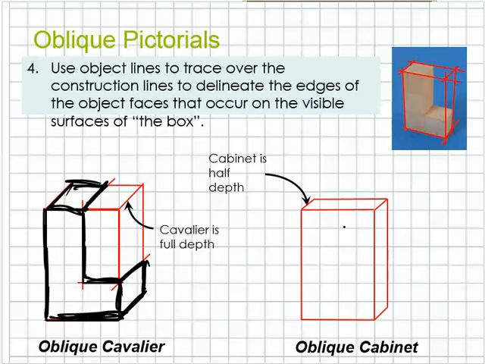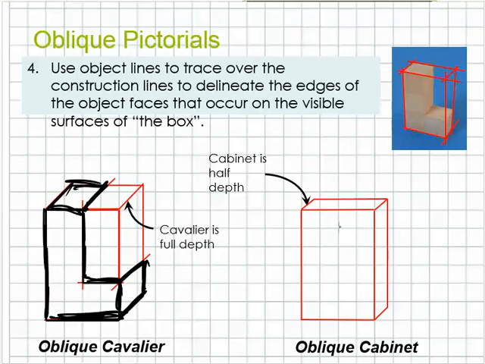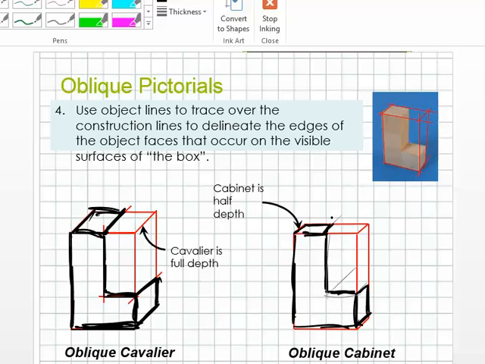Over here, again, we had these light lines. I'm going to use gray for some light lines. We had these lines that were here. We had lines here. We had there, and there, and there. And basically what they're saying now is to come back and really darken these lines in, the object lines, the ones that we know that we want to keep, the outer edge. Now we won't lose track of those.